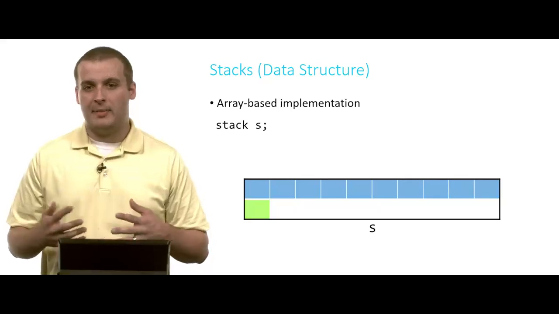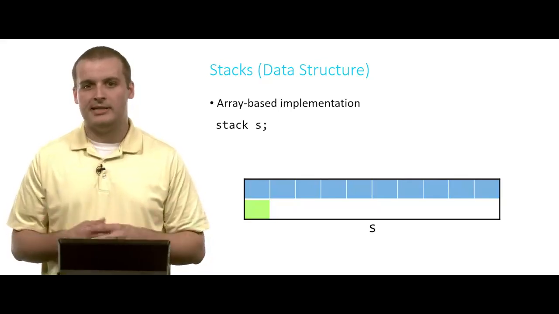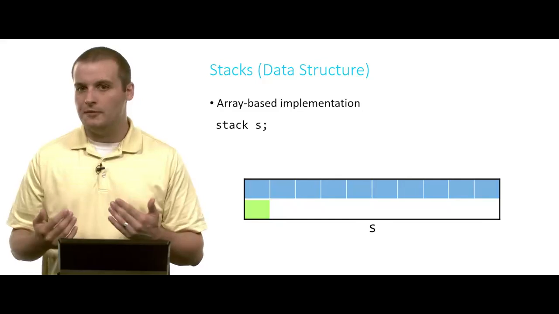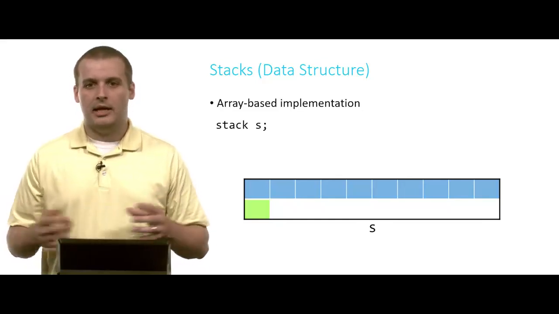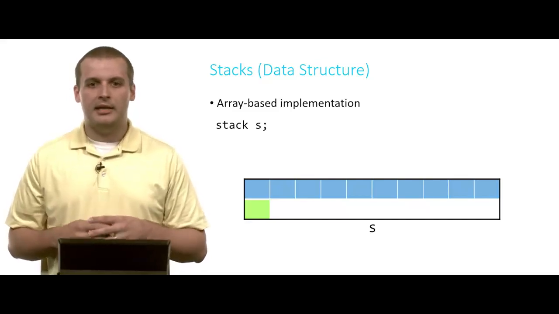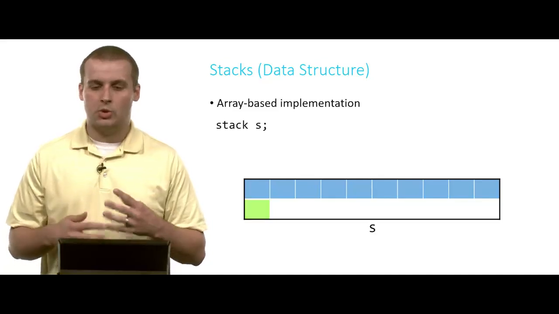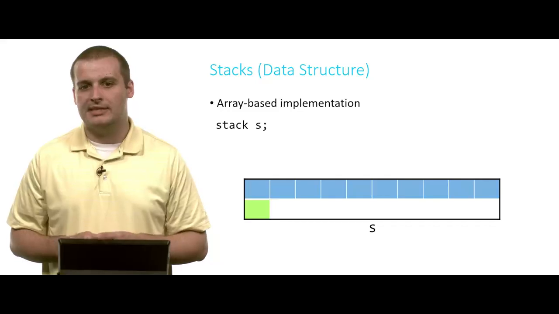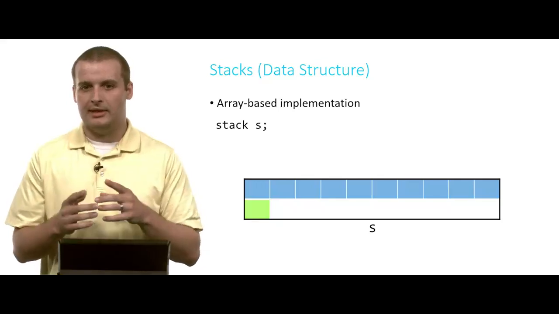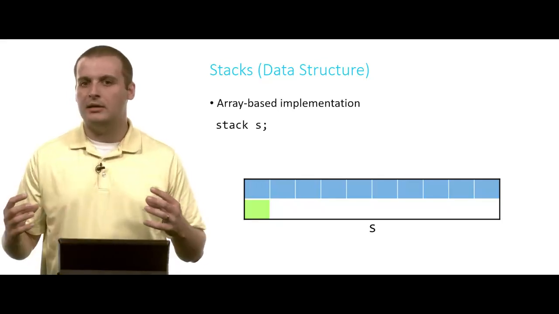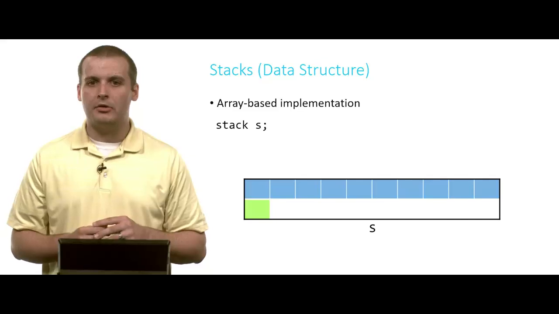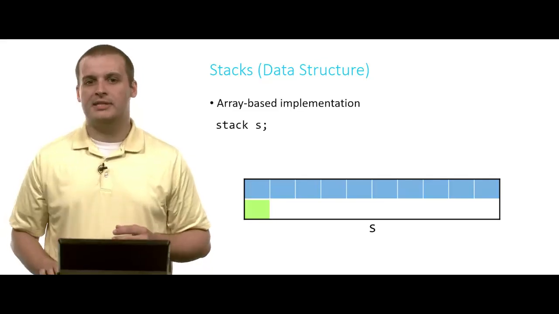In this case, capacity I've apparently decided is 10 because I've got a single variable of type stack, which contains two fields, recall, an array, in this case an array of integers, as is the case in most of my examples, and another integer variable capable of storing the top, the most recently added element to the stack. So one single stack of what we just defined looks like this. It's a box containing an array of 10, what will be integers in this case, and another integer variable there in green to indicate the top of the stack.